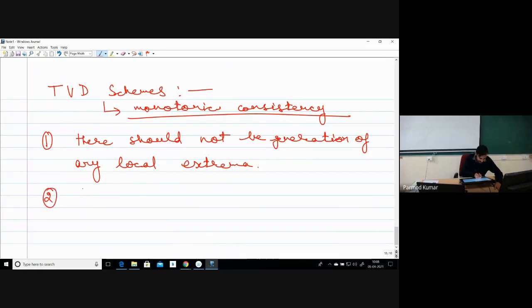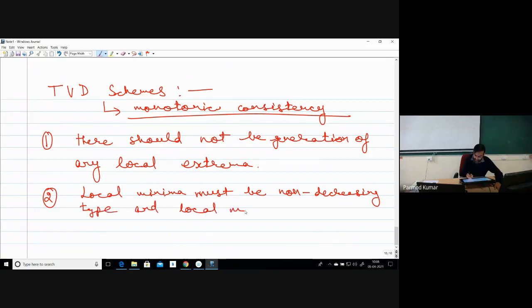Second condition is that local minima must be non-decreasing type. Sorry, must be non-decreasing type. And local maxima must be non-increasing. So can you infer something from these statements?